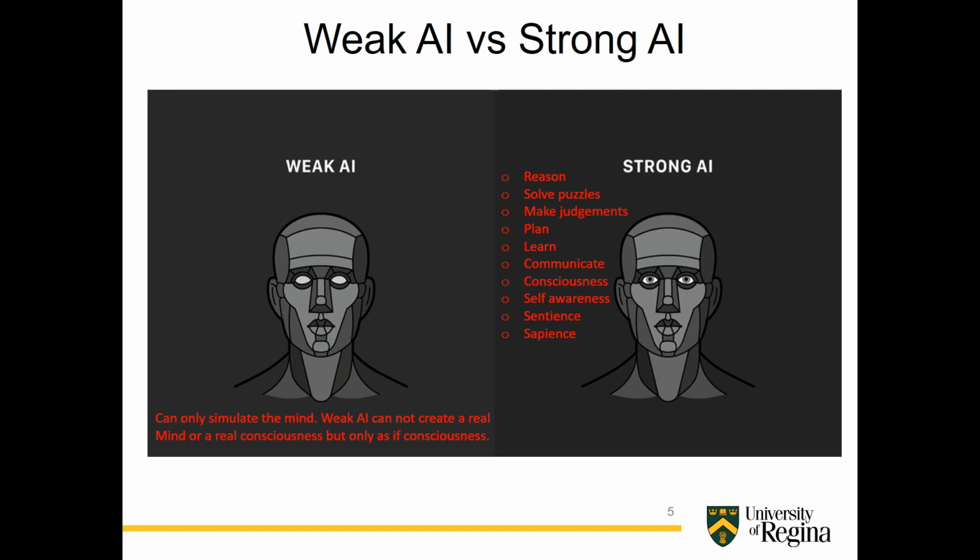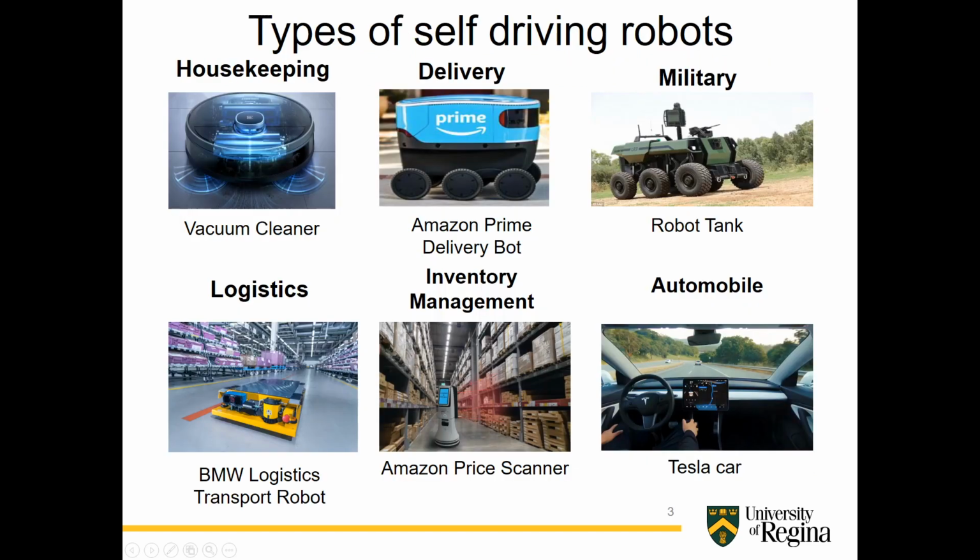For example, let's talk about the Amazon delivery bot that we have mentioned before. The Amazon delivery bot is fully autonomous. It delivers Amazon packages to the customers.